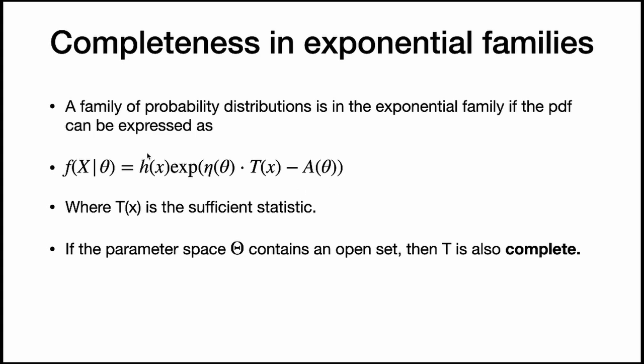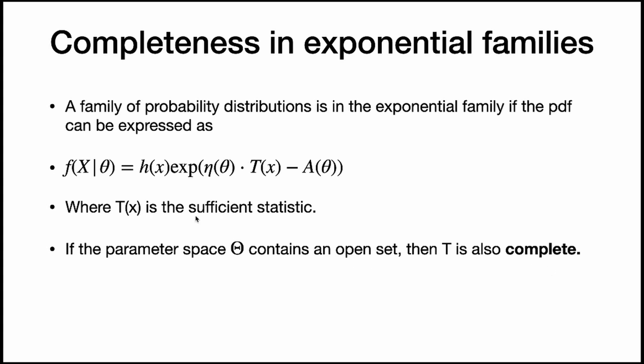When we write things like this, t is the sufficient statistic. And if the parameter space, the set of all possible parameters, contains an open set or an interval, then t is also complete.